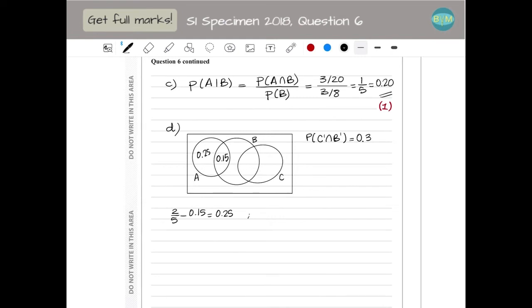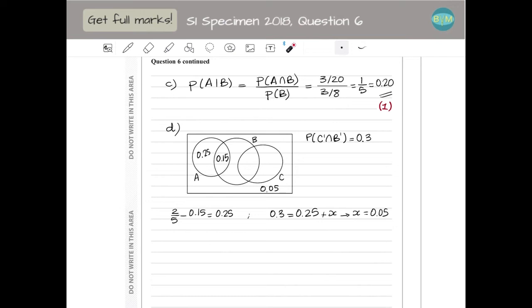So 0.3, which is all these together, the no B intersection no C, is going to be 0.25 plus the number that I have outside. So it's 0.25 plus, I'm going to write X, my number outside. So my number outside is 0.05. So I have used this already. What else can we use?